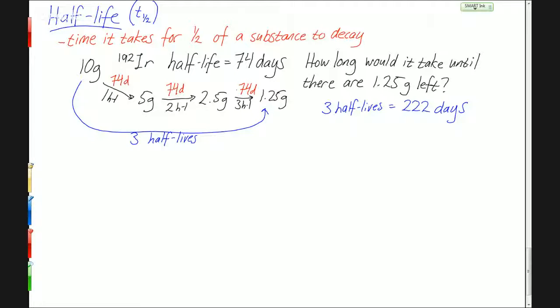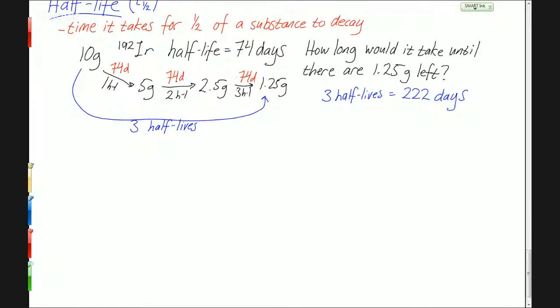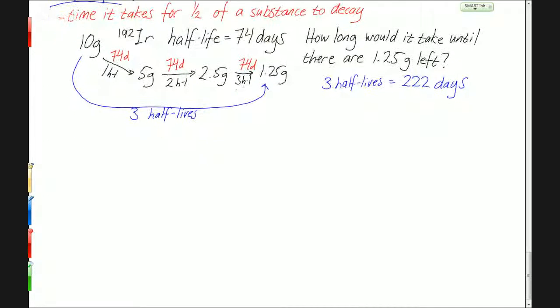So let's say the same sample of iridium, let's say we have a sample that is 8 times 10 to the 4th becquerels worth of radiation. So that's some amount of radiation. Remember, that was a measure of how much actual stuff we have that's disintegrating.